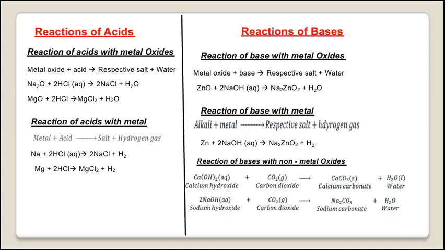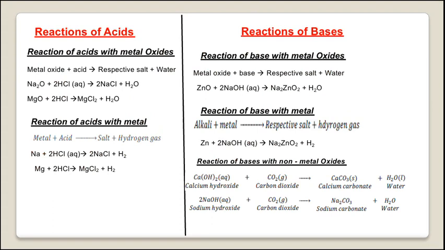Now we'll discuss the comparison of reactions of acids and reactions of bases. Both react with metal oxides to produce salt and water. Reactions are given, examples you can see. Acid reacts with metal to form hydrogen gas; base also reacts with metal to form hydrogen gas. Acids react with metal oxides to form water; bases also react with metal oxides to form water. But in the case of bases, these reactions are very rare.